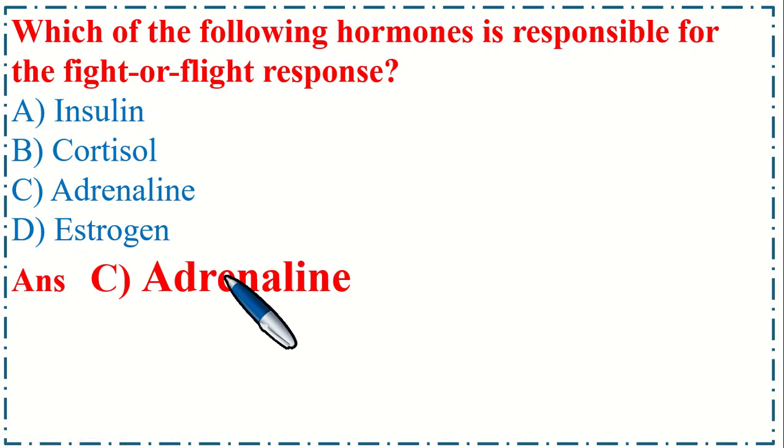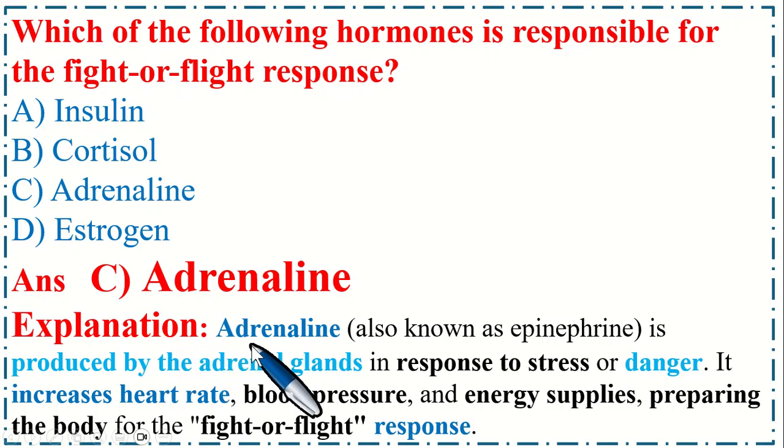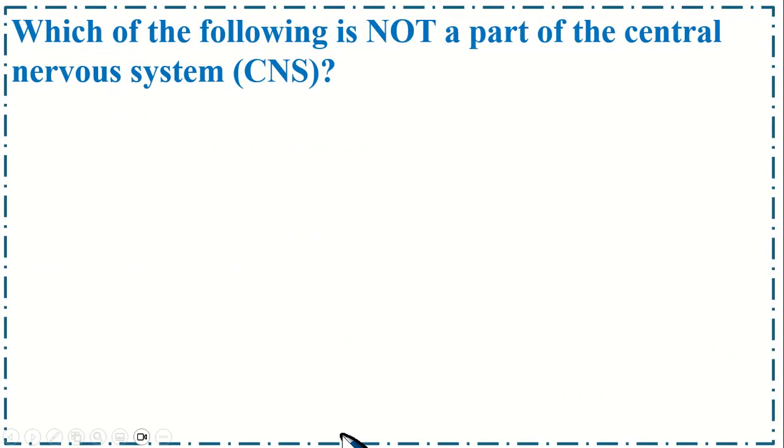Explanation: the adrenaline, also known as epinephrine, is produced by the adrenal gland in response to stress or danger. It increases heart rate, blood pressure, and energy supplies, preparing the body for the fight or flight response. So this is very important MCQs.